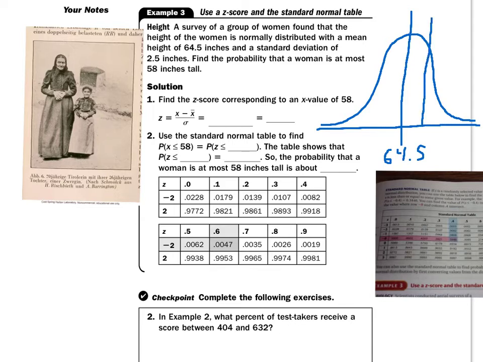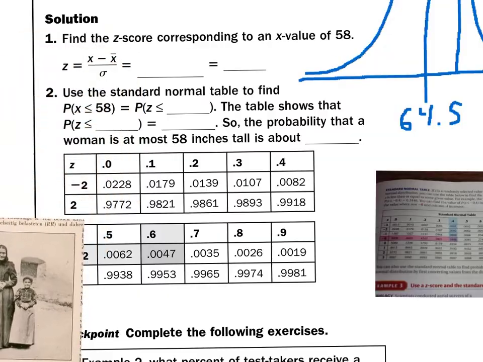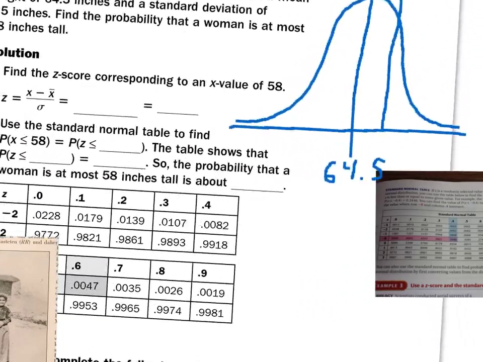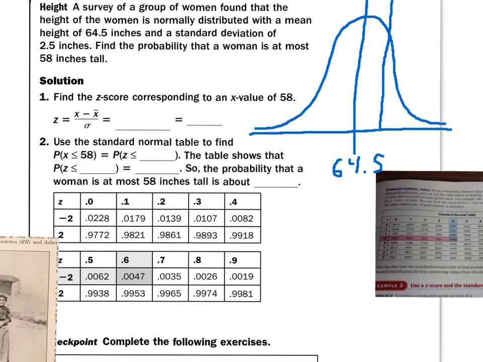Well, that means if I add a little bit to that, make that a little bigger, my bell curve there, if I can. If I add 2.5 to it, I get 67 inches. It means if you're 5'7", you're obviously a little taller, and you're 1 standard deviation above normal. If you're 69.5 inches, you're 2 standard deviations.